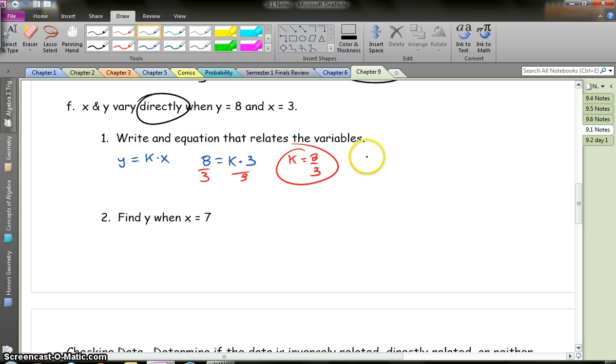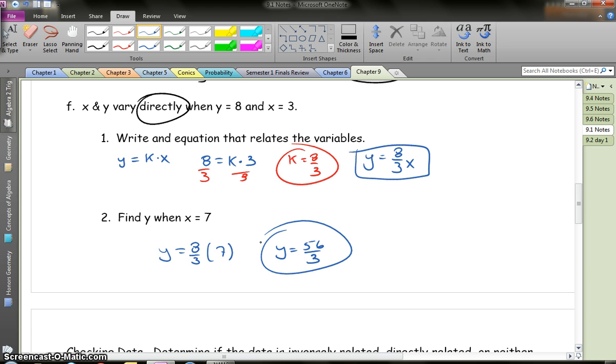So we have y equals 8/3 times x. Right, so it says find y when x is 7. Well, y equals 8/3 times x, which in this case is 7. So y equals 56/3.